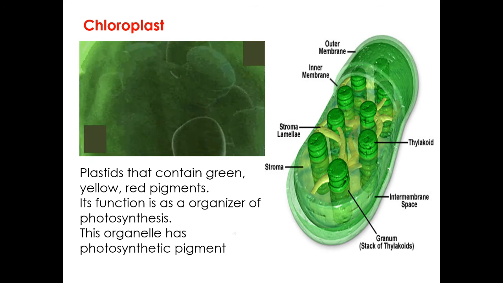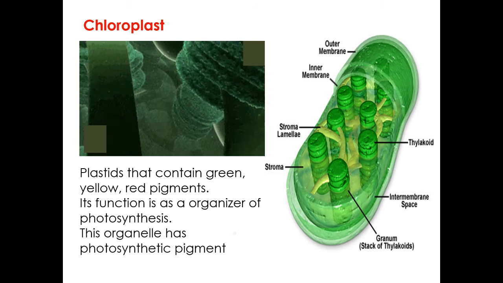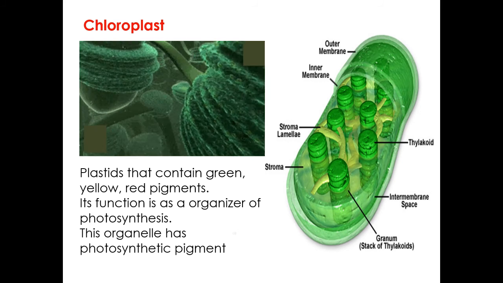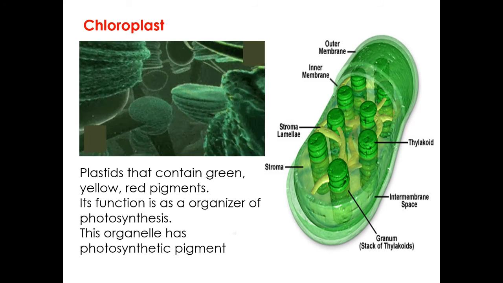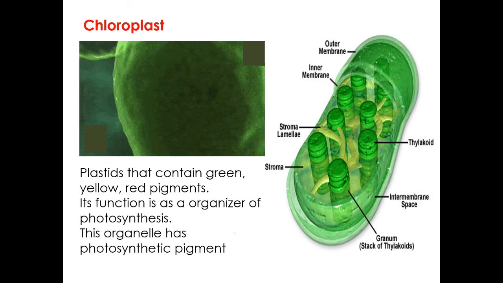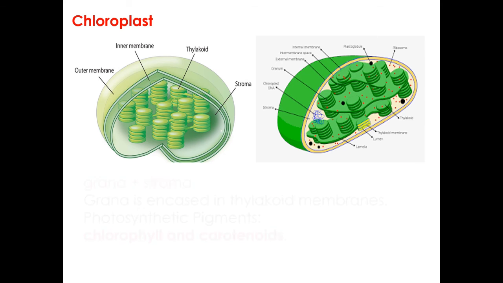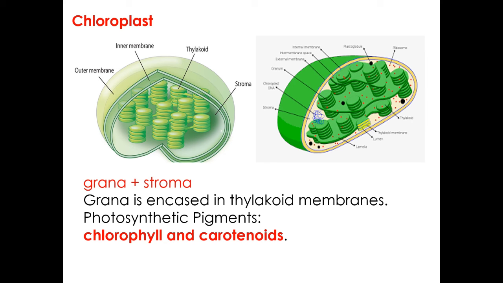This organelle has photosynthetic pigments, and the picture is showing you the parts of the chloroplast itself. The main parts of the chloroplast are grana and stroma.